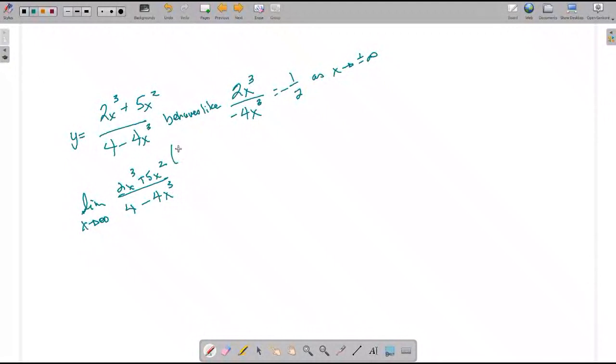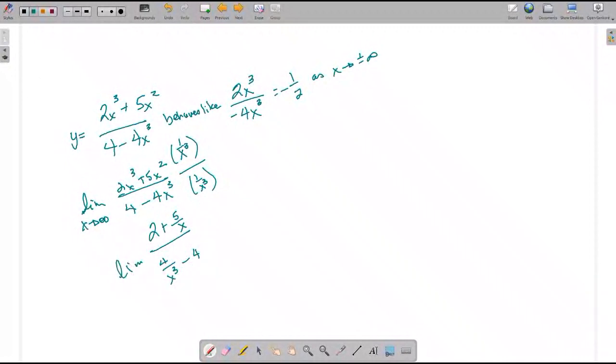denominator, which is 1 over x cubed, and 1 over x cubed. And so this ends up being 2 plus 5 over x over 4 over x cubed minus 4.